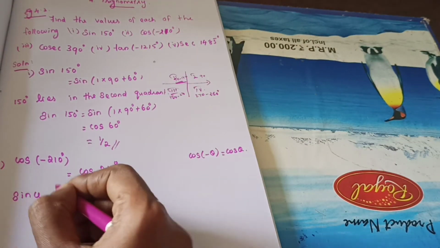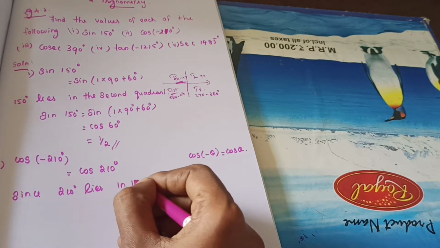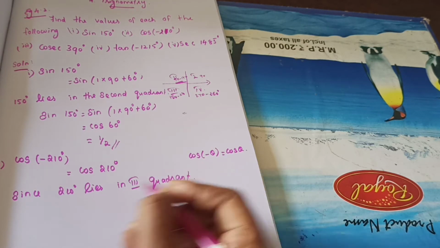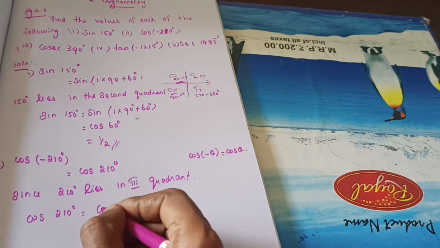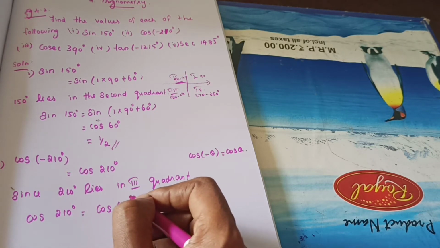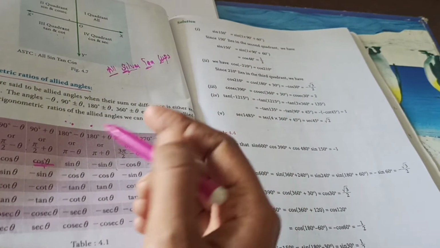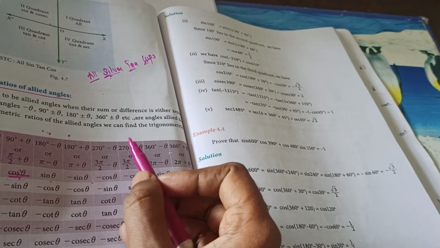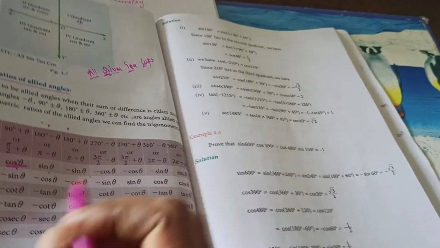Since 210 lies in the third quadrant, cos of 210 degree can be written as 90 plus theta, otherwise 180 plus theta, otherwise 270 plus theta, otherwise 360 plus theta. You know all the values: 90 minus theta, 90 plus theta, 180 minus theta, 180 plus theta, 270 minus theta, 270 plus theta, 360 minus theta, 360 plus theta.